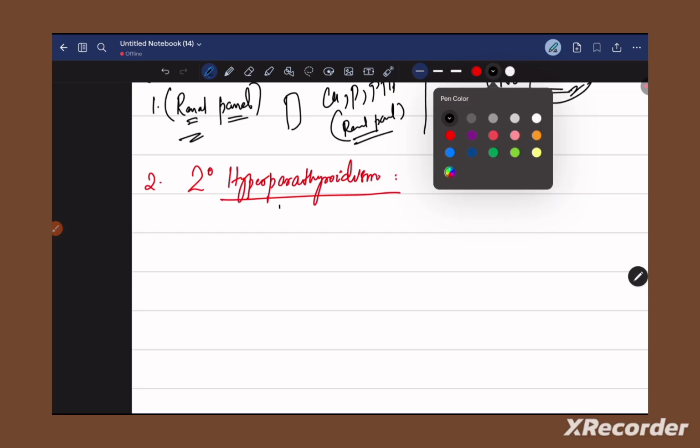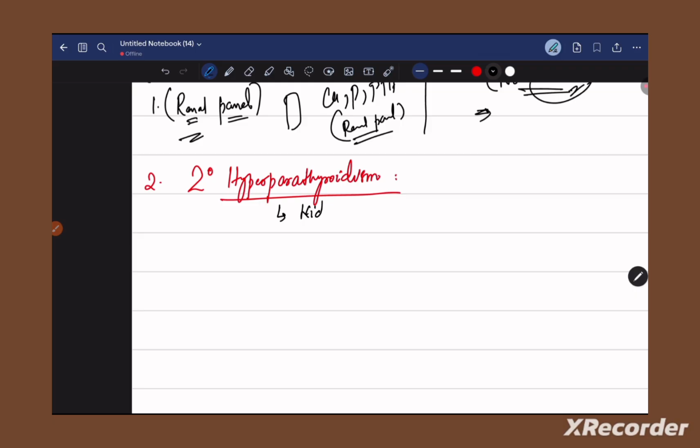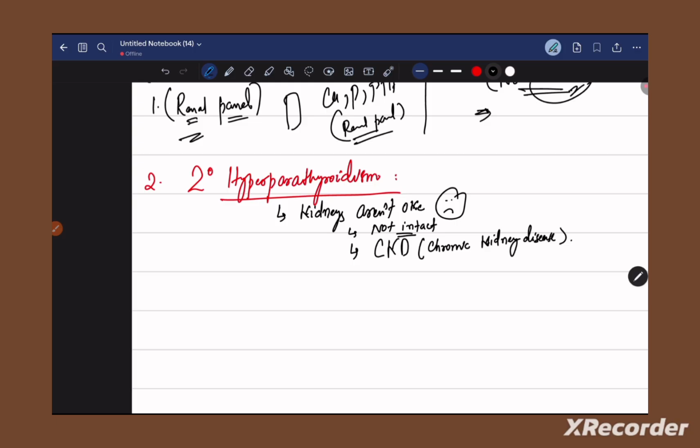Here you have to remember the kidneys are not okay. Okay, the kidneys are not okay means not intact, means there is some sort of insult to the kidneys, like there is CKD, chronic kidney disease.